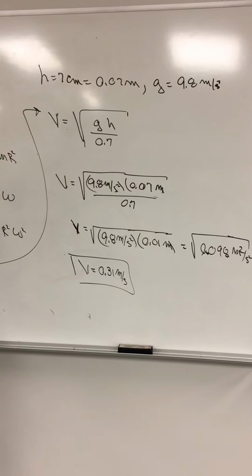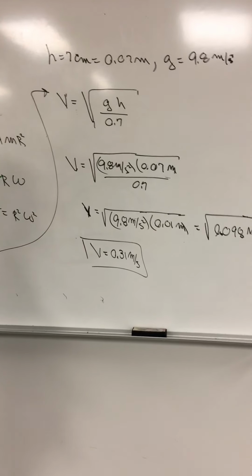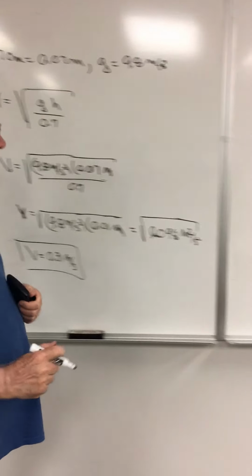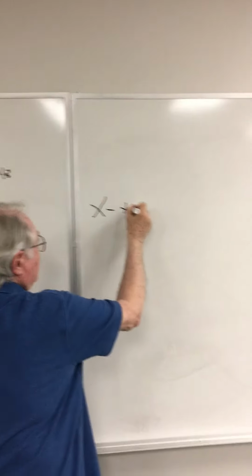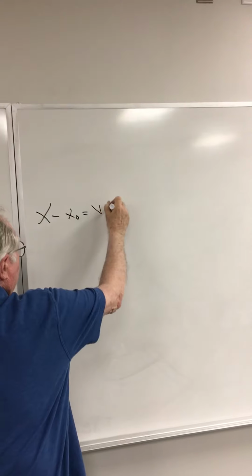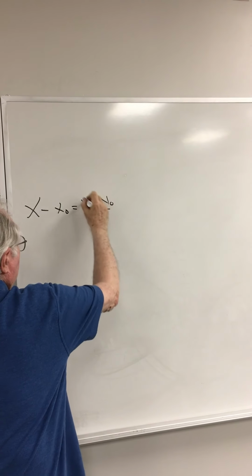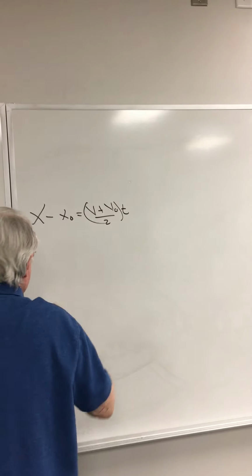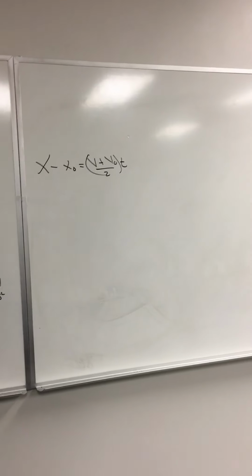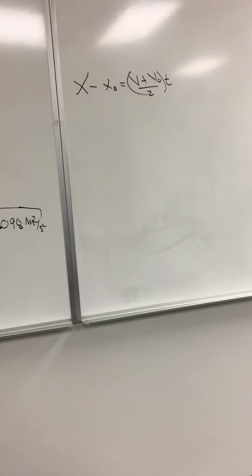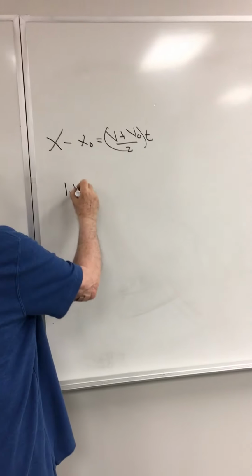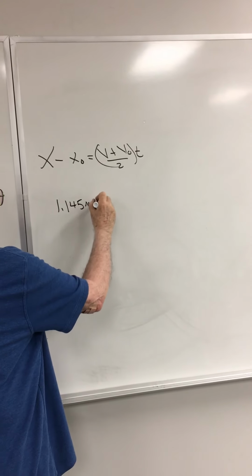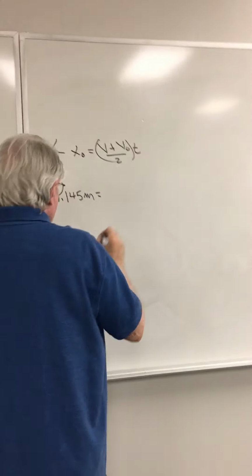Now, to figure it out so we can relate to it, we have to figure out the time, and we have to use this equation to do that. We already measured the length of the incline. That's 1.145 meters. We know the final speed was 0.31.